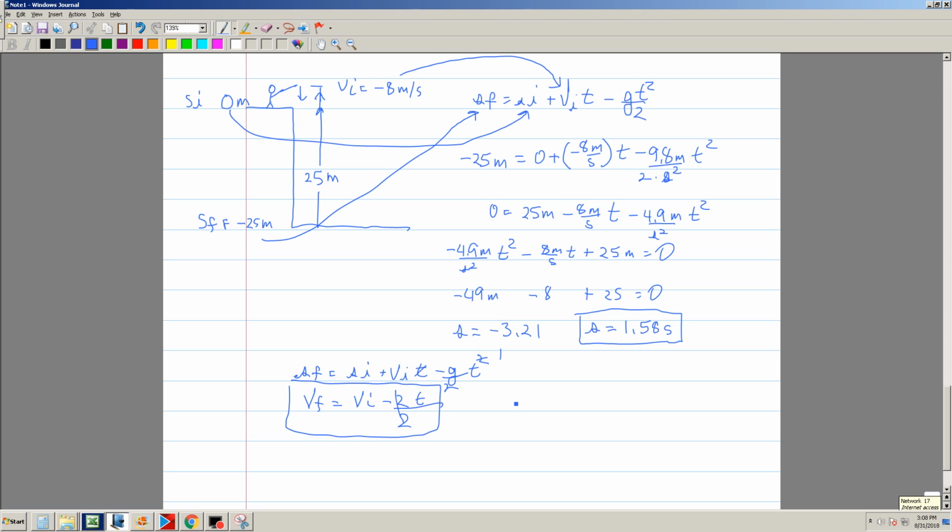Okay, so they want to know the final velocity. So we know that the initial velocity is this here.